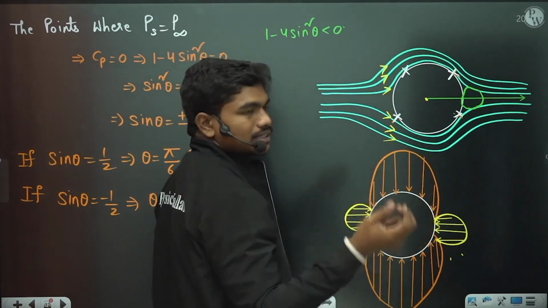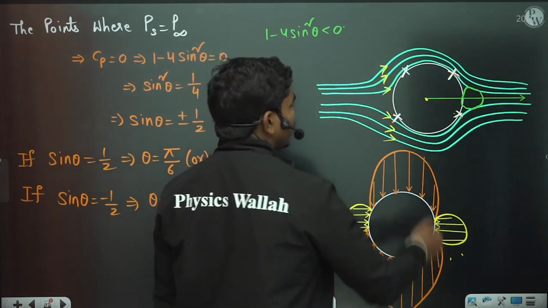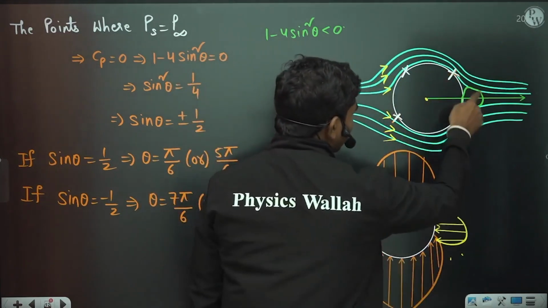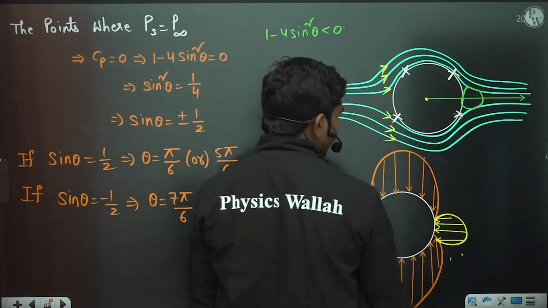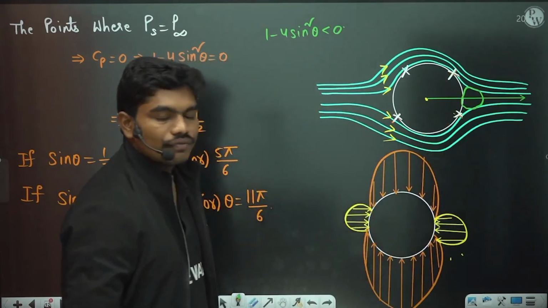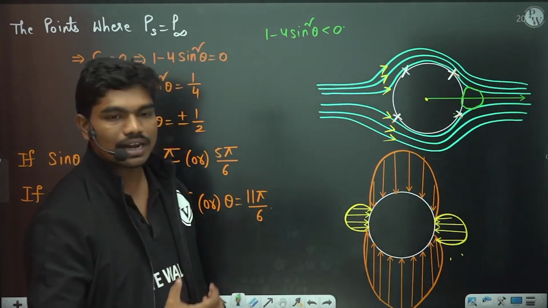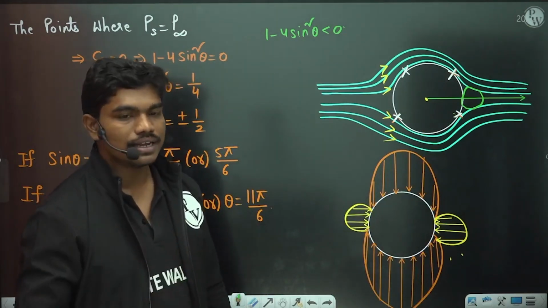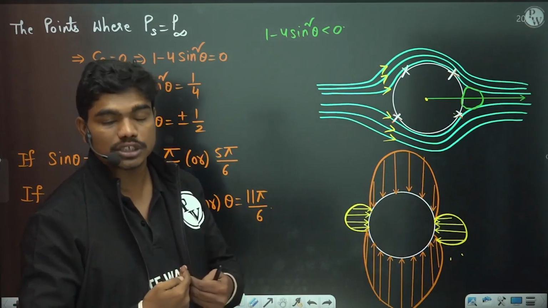Then in front of the flow, there comes some location where the pressure acting on the ball will be in the reverse direction. The pressure in the wake region is such that it obstructs the motion.